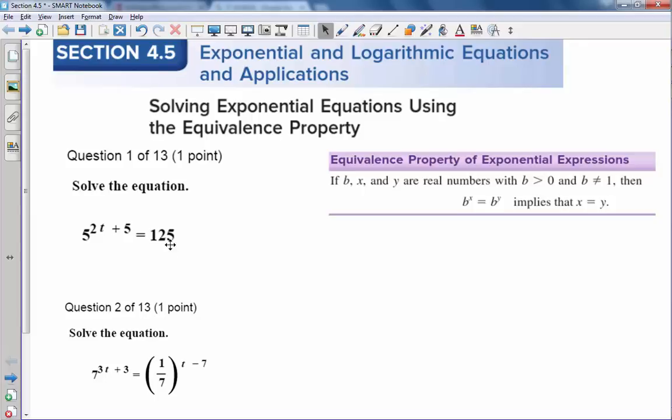Now, what kind of expressions do you see here? There are 2 different topics together in this section. One is logarithmic equations, the other is exponential. Do you see any logarithms here? No. We first investigate exponential expressions, but just because we have exponentials here doesn't mean we will never use logarithms. Sometimes later on we will use them if we are stuck. If we don't have any other method, we will use logarithms.